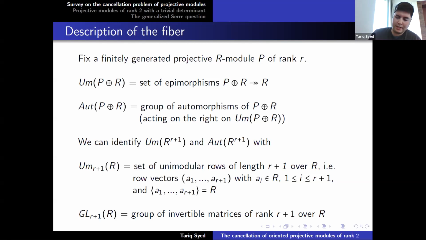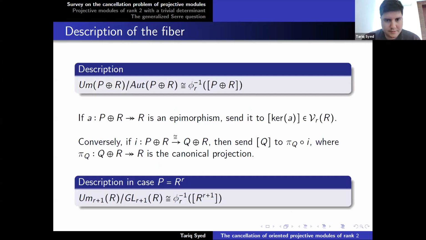Then there is a very simple description. The fiber of the stabilization map that we are interested in is given by the orbit space of the set of epimorphisms from P plus R onto R modulo the right action of the automorphism group. This identification comes as follows. If we take an epimorphism from P plus R onto R, then it is necessarily split, so the kernel is a finitely generated projective module of rank r, stably isomorphic to P, and hence defines an element in the fiber.